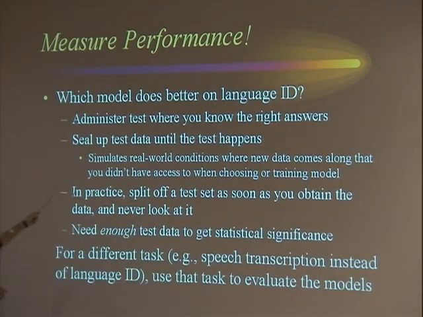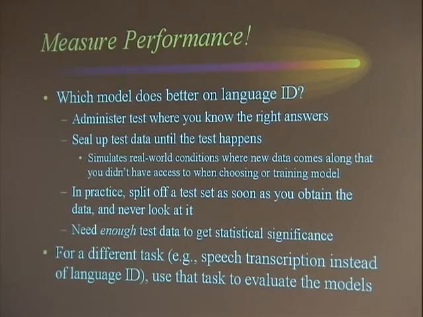And so that's what I mean by sealing up the test data until the test happens. And we want to be fair about this, right? Because when you use this for language ID in the real world, the model won't have had the advantage of having looked at the real world examples in its training data. So we seal up the test data, so it's just like real world data.